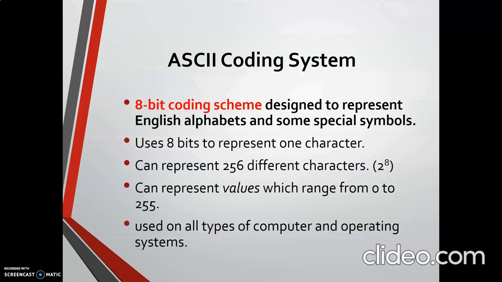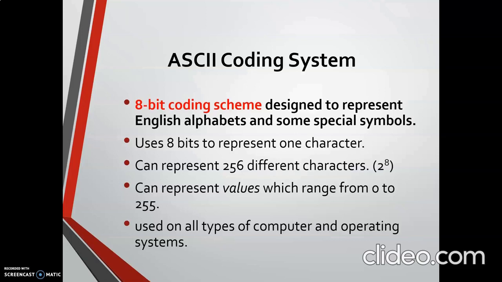So when we use 8 bits, we will have 2 to the power of 8 different combinations of the bits. Imagine that the first combination is going to be 0 0 0 0 0 0 0 0, and the last one is going to be all ones, 1 1 1 1 1 1 1 1.